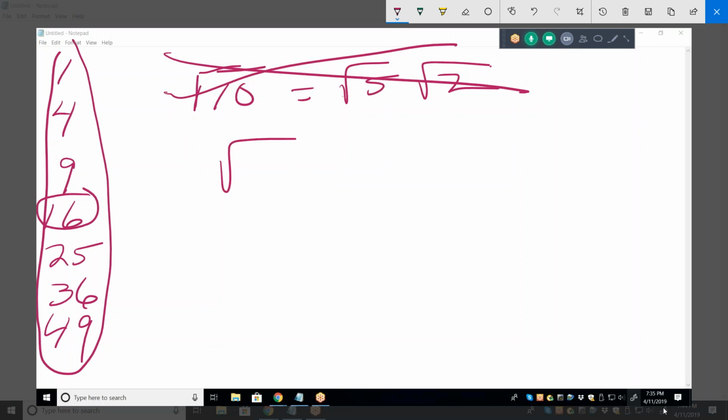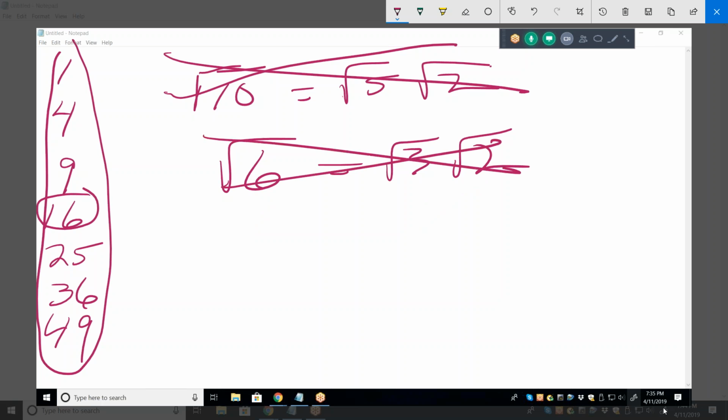How about this one? What is that simplified? Root 2. Again, it's root 3 times root 2, right? These two numbers have to multiply together to that number. But neither of those is a perfect square number. So we do not do that.